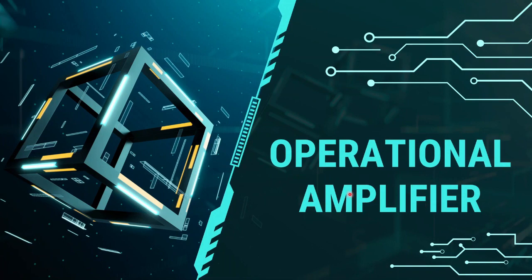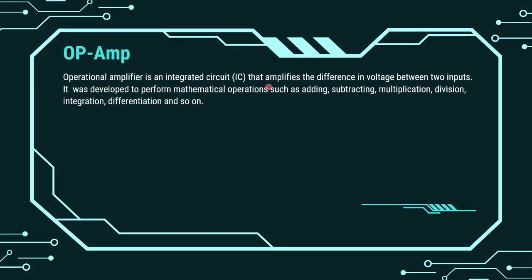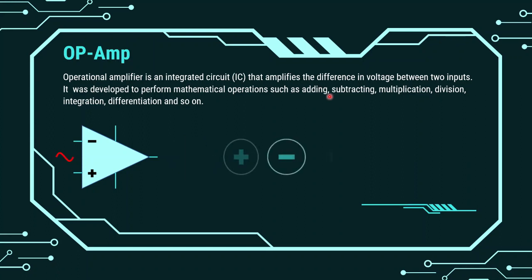Operational amplifier is an integrated circuit that amplifies the difference in voltage between two inputs. It was developed to perform mathematical operations such as adding, subtracting, multiplication, division, integration, differentiation and so on.